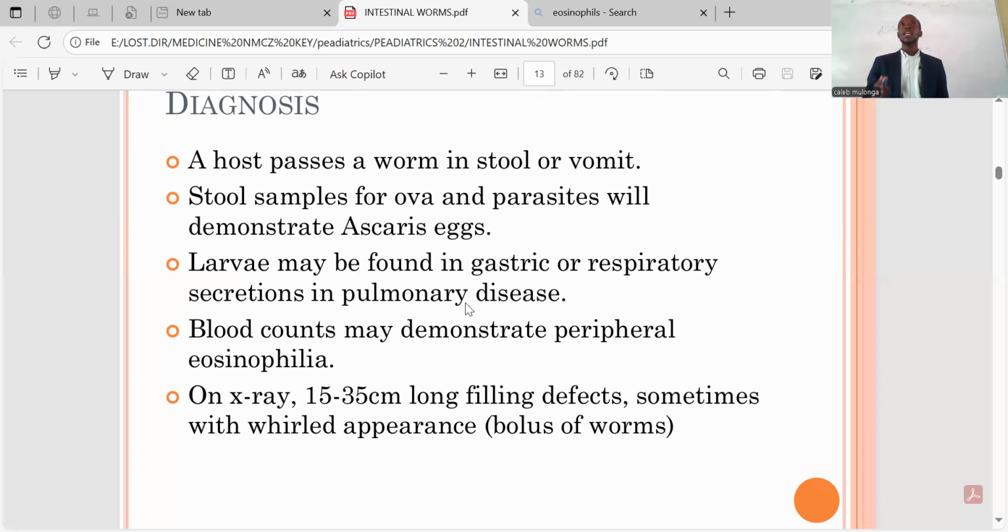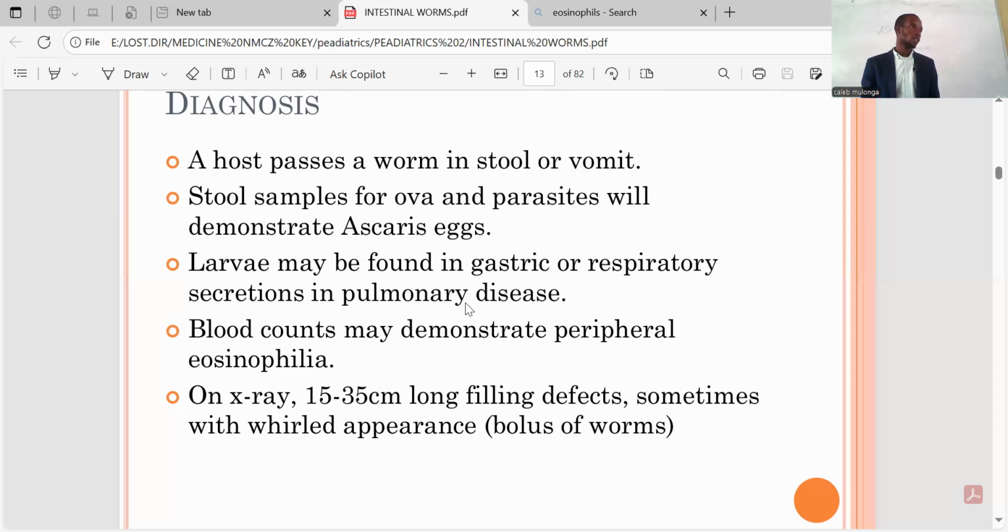Remember we said the female worm produces about 200,000 eggs per day. So the fecal matter will contain eggs. Okay? Those are some of the laboratory investigations.